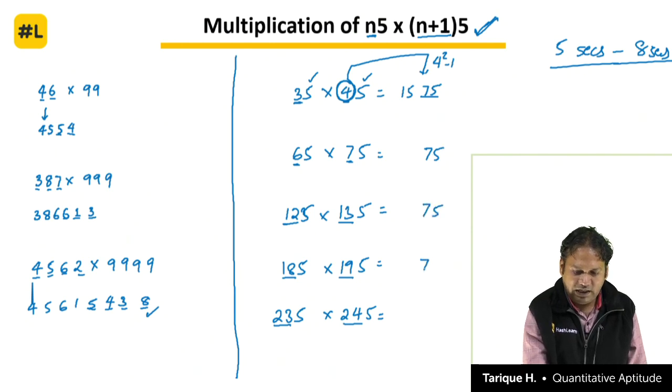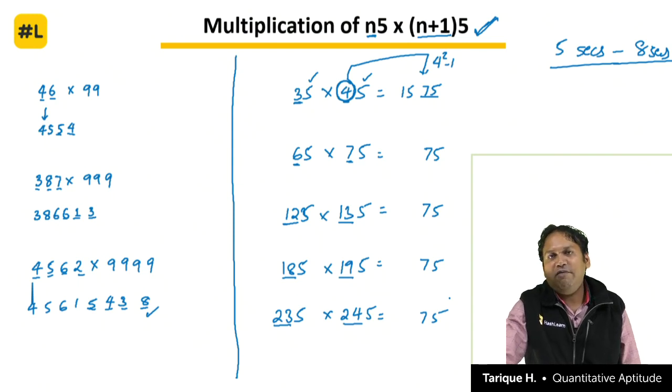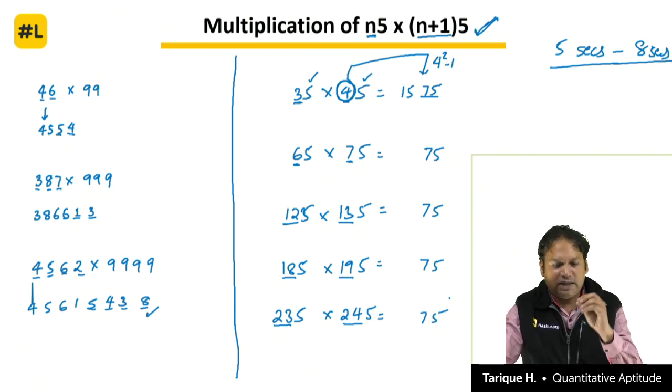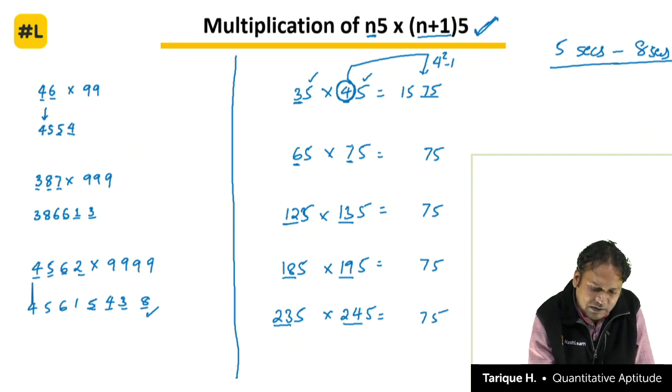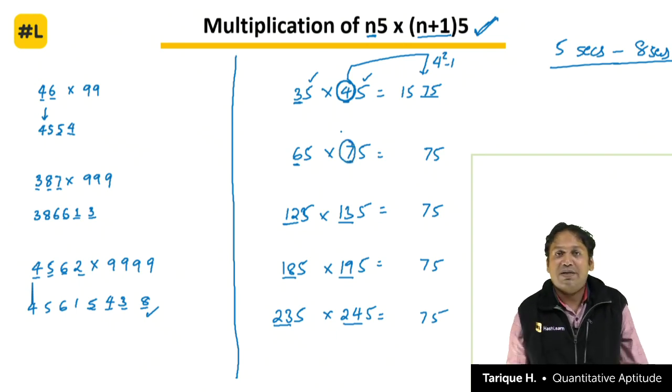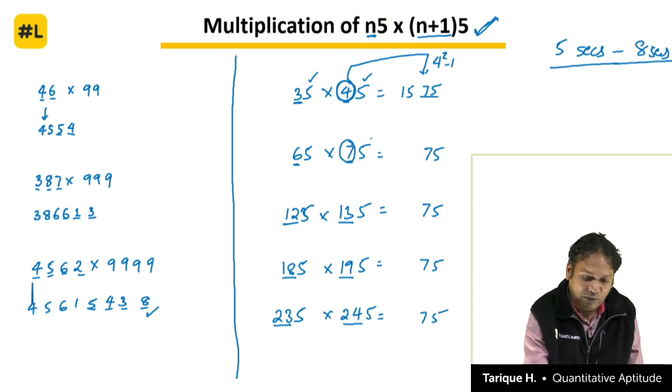We don't have to calculate this, it is known, it is part of the technique. When a number is n5 into (n plus 1)5, the last two digits will be 75. So we don't have to calculate that at all. You don't have to worry about those last two digits. Just take the larger number here, 6 and 7, which is 7. 7 square is how much? 49 minus 1, 48.